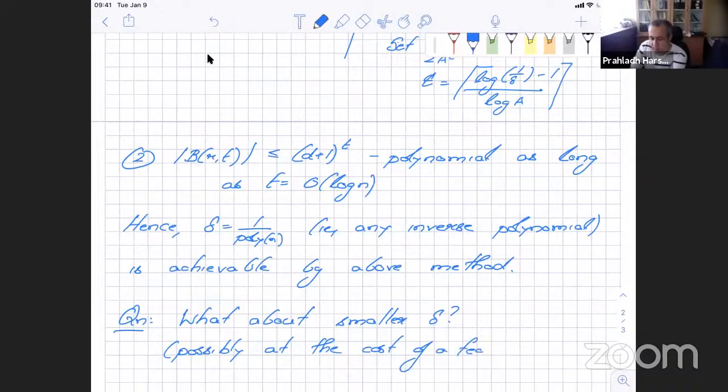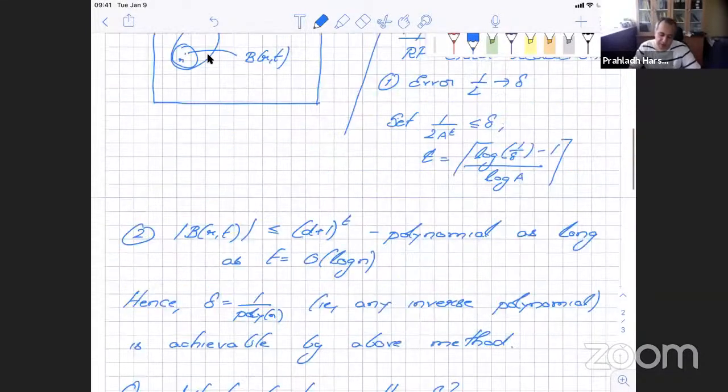This is what we're going to ask. To get up to inverse polynomial error, we didn't even spend one extra random bit. Here I will possibly spend a few random bits. And in fact, the algorithm is going to be fairly simple.